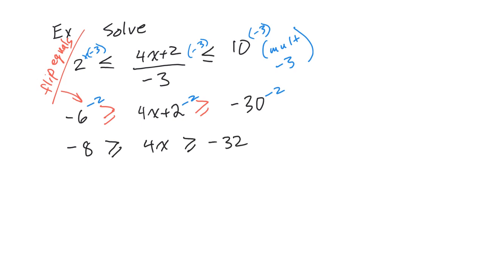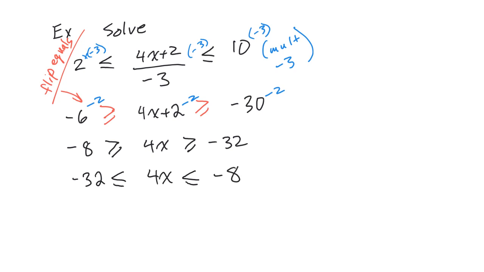Now, to make your life easier, just make it so that you have everything being less than or equal to in our equation. All I'm going to do is rearrange this equation by flipping everything from right to left instead of left to right. So we're going to have negative 32, we still maintain the equality, is less than or equal to 4x, which is less than or equal to negative 8.